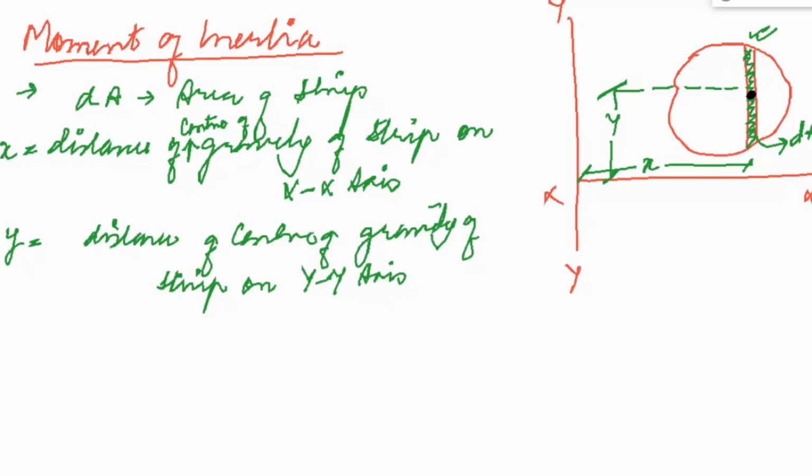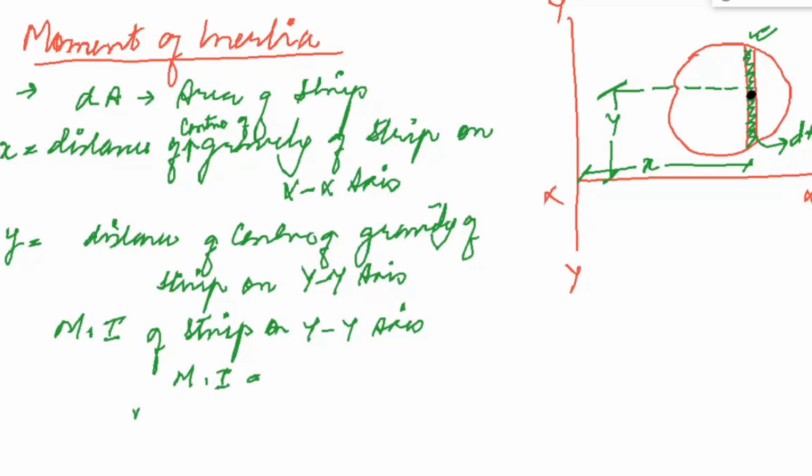If we have to calculate the moment of inertia, it is simply MI of the strip on the y-axis, which will be given as the product of the elemental area and the square of the distance from the y-axis.